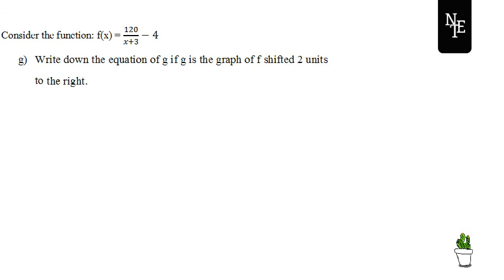Last question deals with transformations, right? We have to write down the equation of a function g if the graph of g is the graph of f which has been shifted 2 units to the right. Now this over here, you just need to be careful about signs, right?